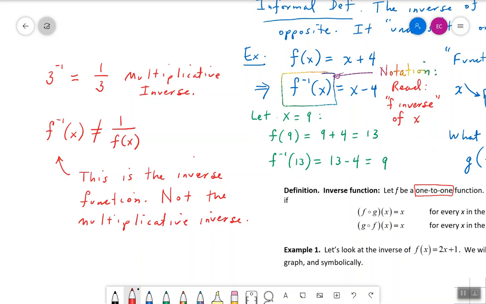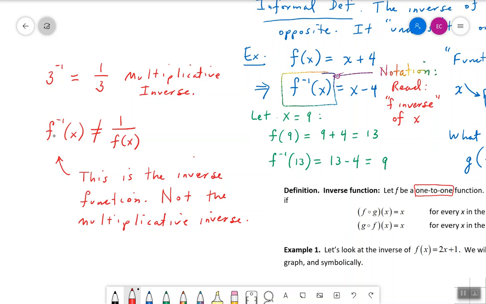So they're both inverses, but they're two different kinds of inverses. They're not the same. We use the same notation, that negative 1 up there where the exponent would be, but it means two different things, and so you have to interpret it based on its context.